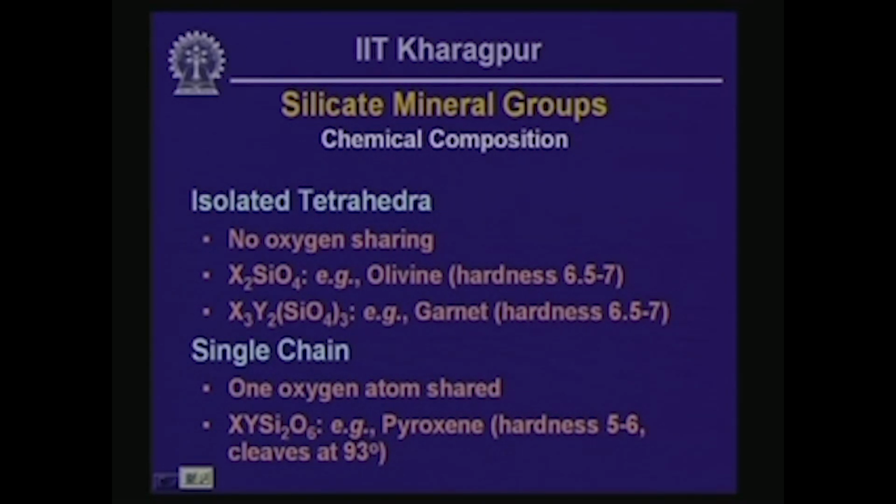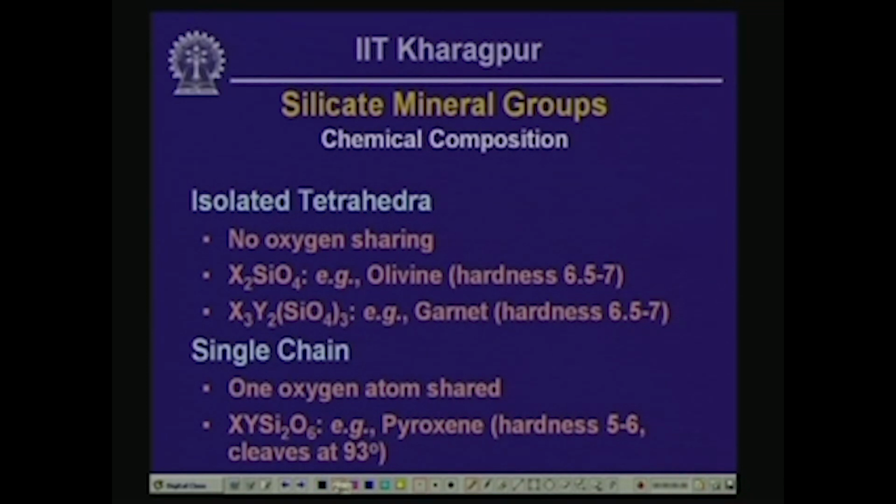In this case you would not have any oxygen sharing, and the chemical formula that you are going to get for this type of mineral is either X2SiO4, as in the case of an olivine mineral, or X3Y2(SiO4)3, as in the case of the garnet group of minerals.